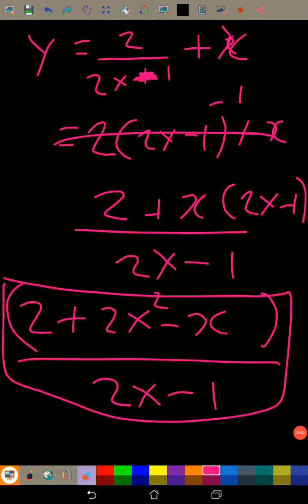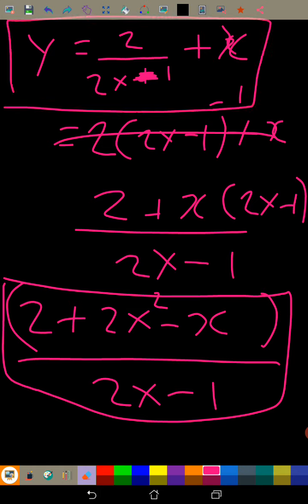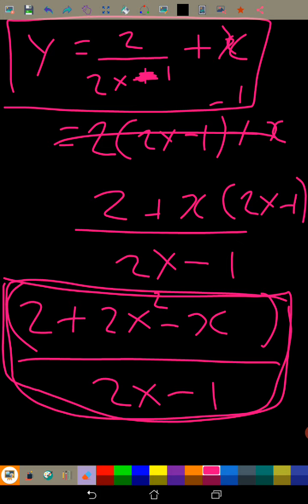So I have done some research after pausing the video. This original function is much simpler than this. What does that tell us? That tells us that we are now getting in troubles with the quotient rule, which will probably be more time consuming to do. So there is another way.